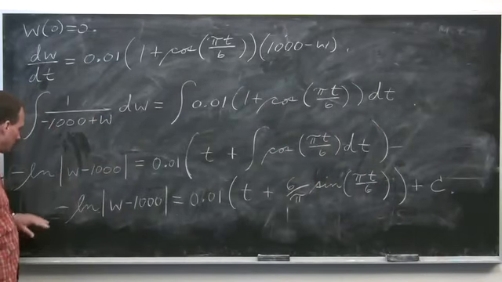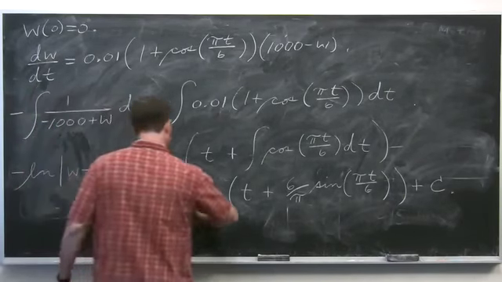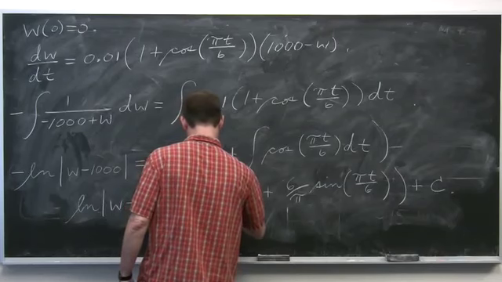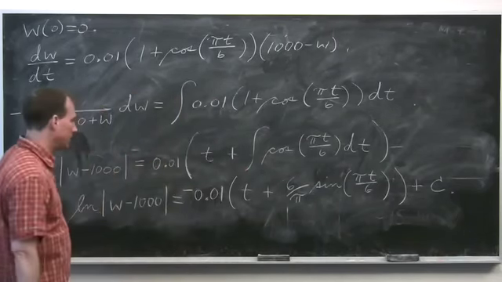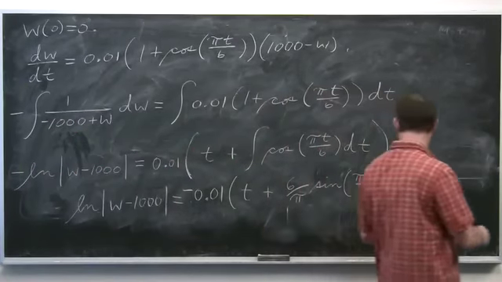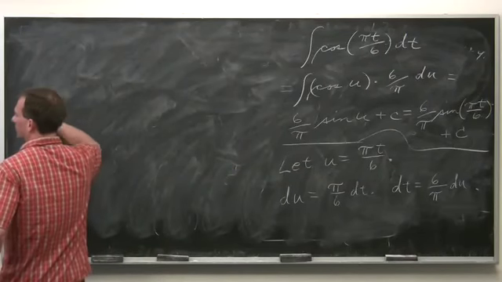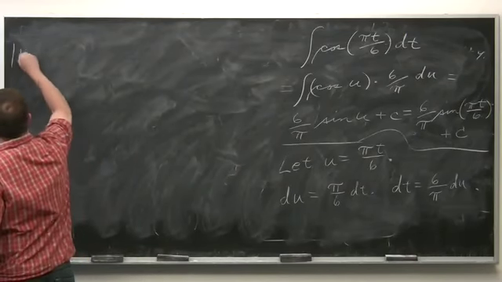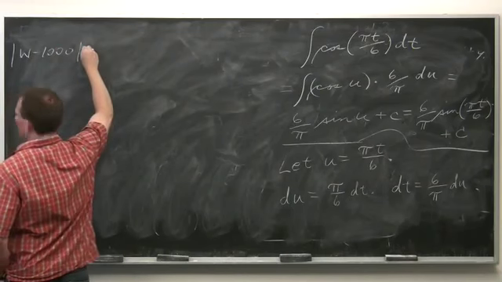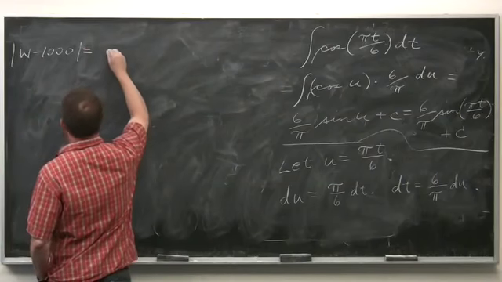We'd like to solve for w explicitly, which we can do. You negate both sides, so move this minus sign over there. Negative 0.01. Then we'll raise e to both sides, remove the absolute value signs, and factor off the e to the c, things that we've done a bunch of times now. So you raise e to both sides, and you get the absolute value of w minus 1,000 equals, I'll split off the e to the c.